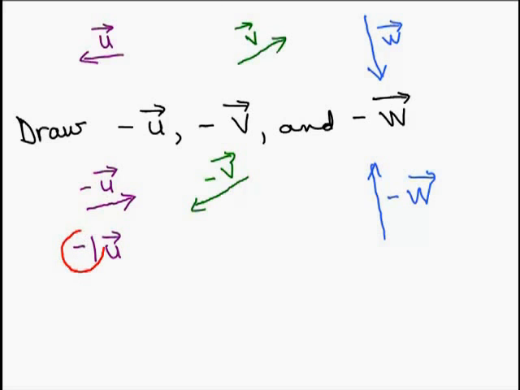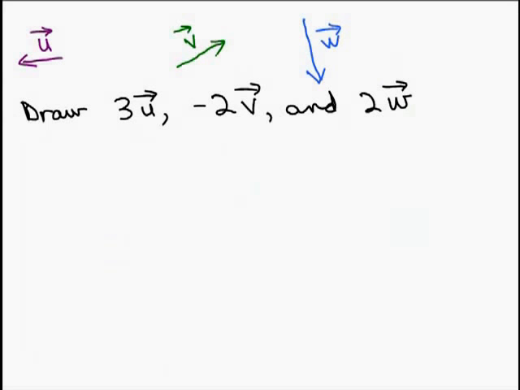Remember we talked about a scalar is basically just a number, but the meaning of it might be something more than a number. It might have to do with something else like miles per hour, etc. So the number in front of the vector is just called the scalar. So we have just drawn negative u, negative v, and negative w.